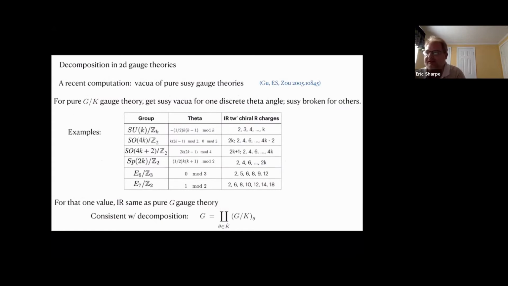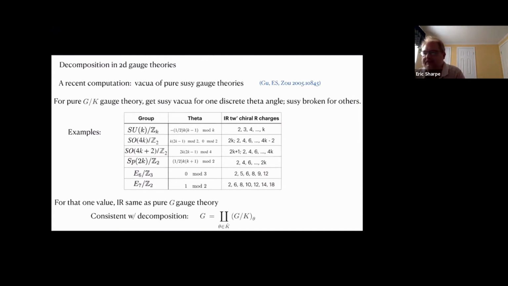For SU(K) mod Z_K, for example, there's a Z mod K's worth of choices of discrete theta angle. It's the one given in that first entry, the -1/2 K, K minus 1 mod K, for which you actually get non-trivial vacua. For that one particular discrete theta angle, the infrared theory is believed to be the same as the SU(K) gauge theory itself, and there are no supersymmetric vacua for other choices of discrete theta angle.